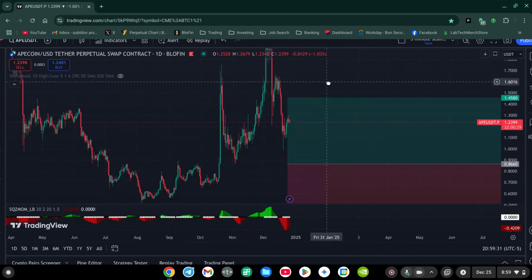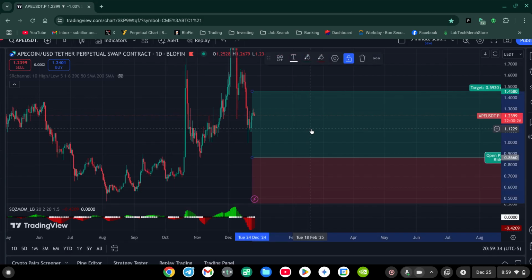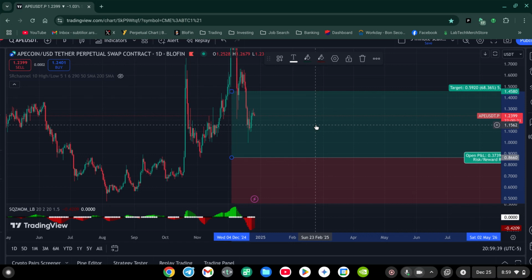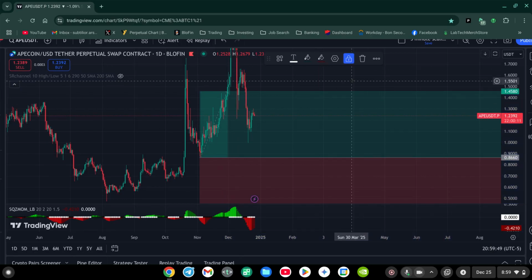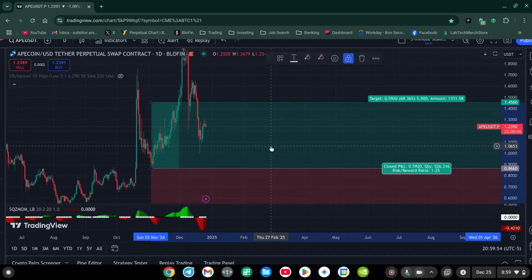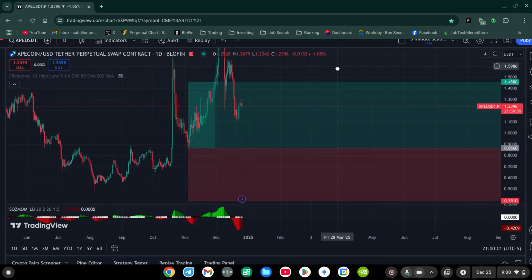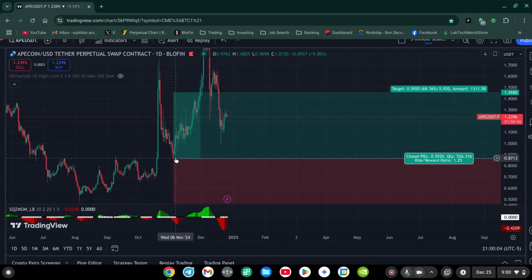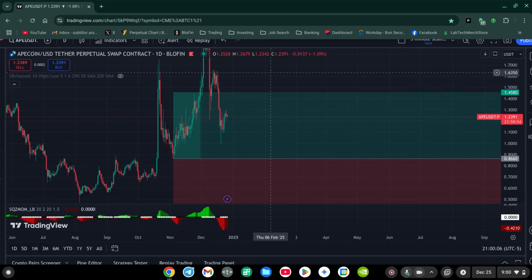So we have the price of ApeCoin here, and if I unlock this and move it, you can sort of see, if I move this back closer to where I started the bot, which is probably more like here around that date, what has happened recently with this thing is it's grid traded and made a little money, which is wonderful.